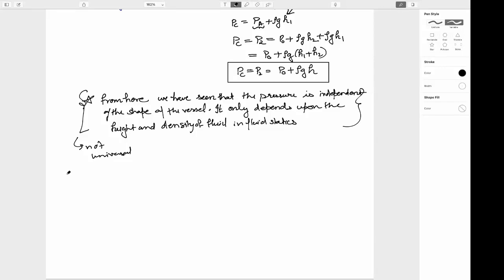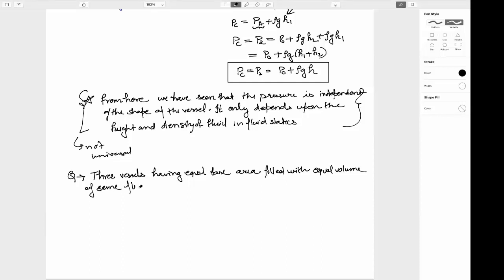Let's see some more questions related to this. Let's say we have a question where we are having three vessels having equal base area, filled with equal volume of the same fluid.